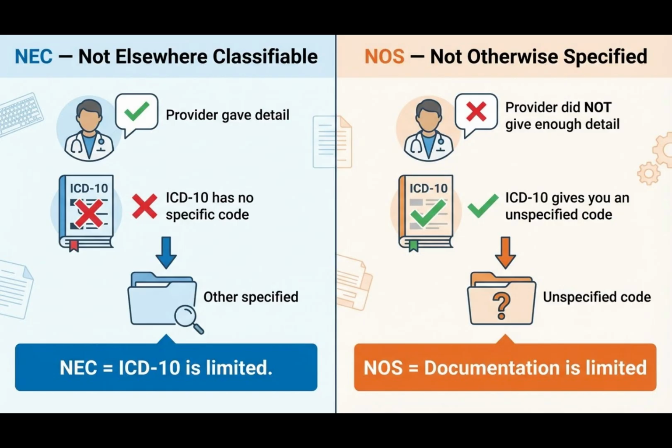NOS means Not Otherwise Specified. This means the provider did not give enough detail. So ICD-10 gives you an unspecified code. NEC means ICD-10 is limited. NOS means documentation is limited. Very different, and auditors watch this closely.